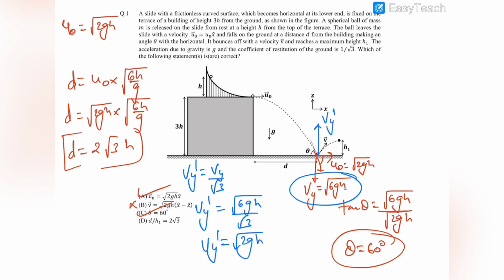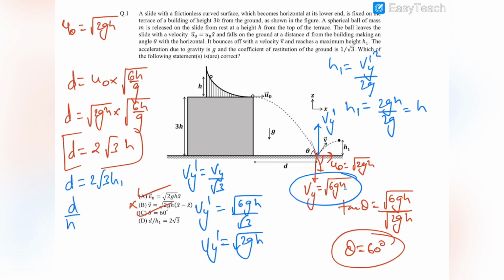The maximum height attained by the ball will be vy dash square by 2g. So h1 will be 2gh by 2g, and therefore h1 is equal to h. Hence d will be equal to 2 root 3 of h1, and d by h1 will be 2 root 3. So the correct answer will be A, C and D.